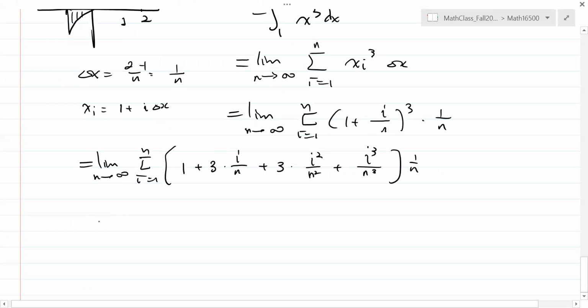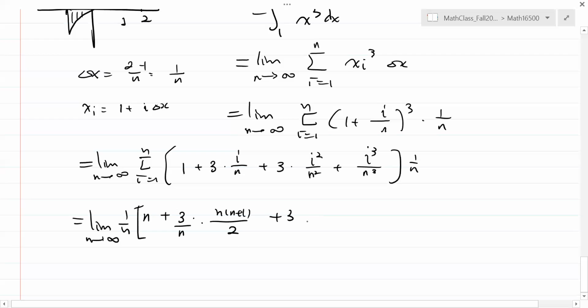Then each term. If you take a 1 over n out, the first one is just n, because the sum of 1 from 1 to n is n. The second term is going to be 3 over n, and the sum of i from 1 to n is n times n plus 1 divided by 2.